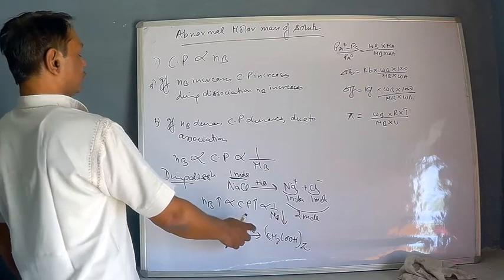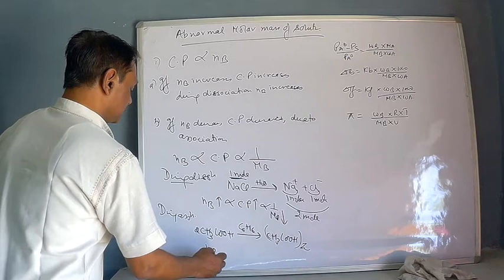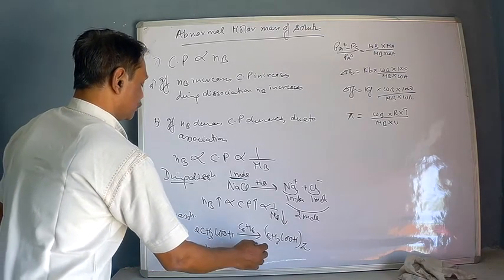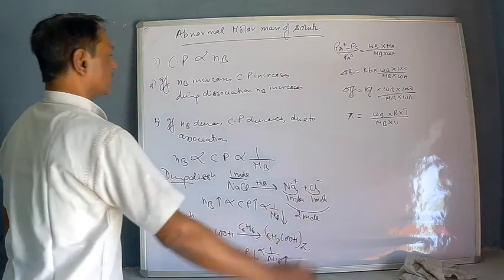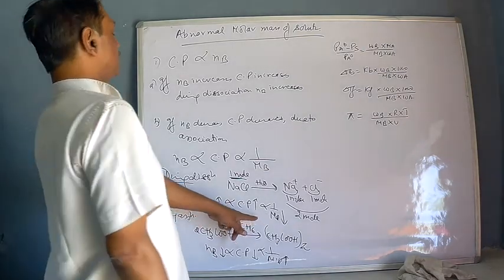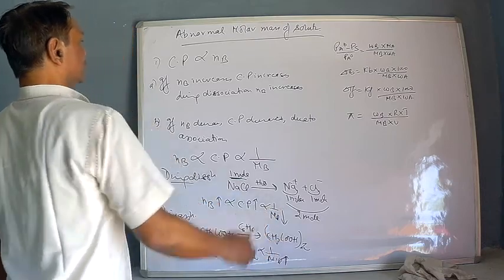So during association, number of moles of solute particles decreases. Hence we can say NB decreases, colligative property decreases, and molar mass is more than expected. Hence, during dissociation, molar mass is less than expected, and during association, molar mass is more than expected.